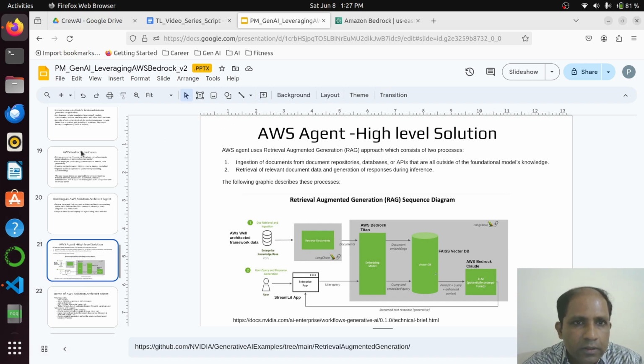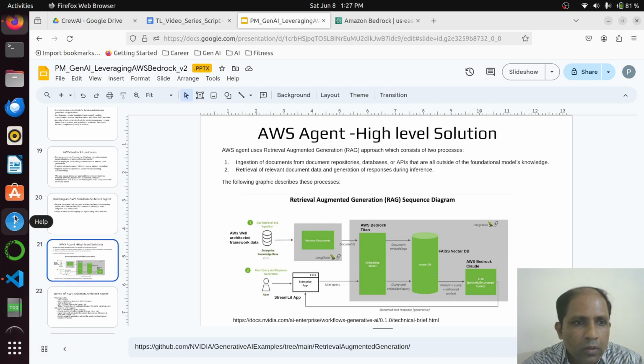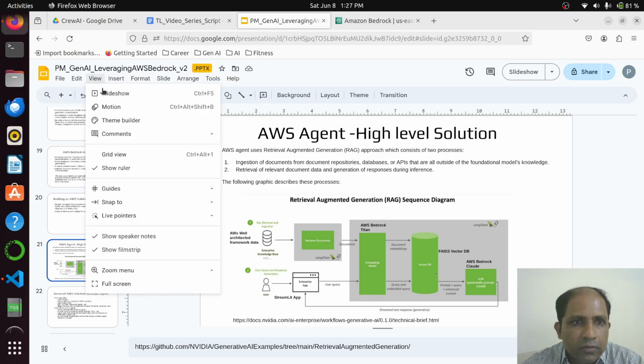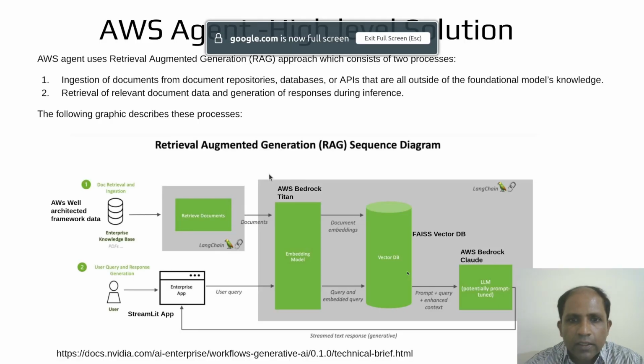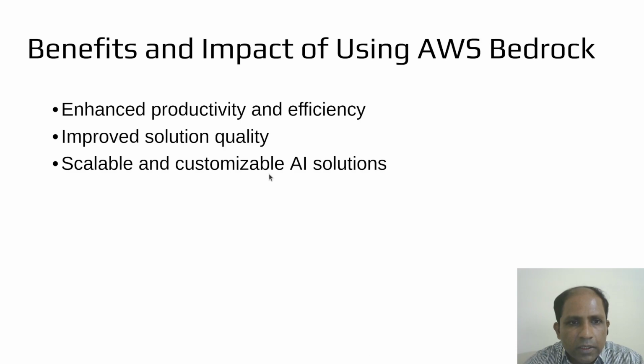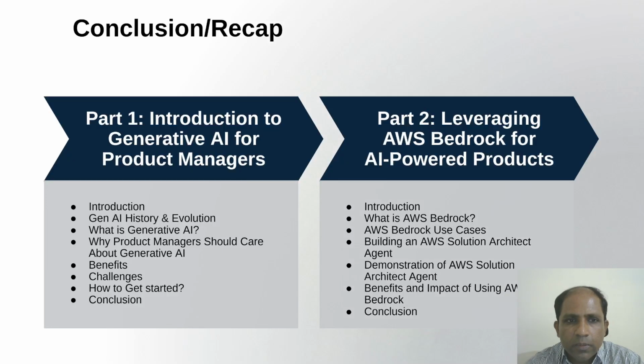And that's pretty much the demo. The benefits and impact are, it enhances productivity and efficiency, it improves the solution quality, and these solutions are scalable and customizable. So those are the benefits.